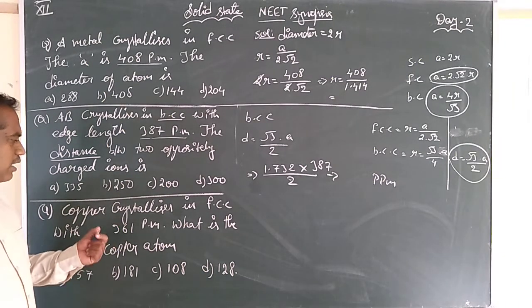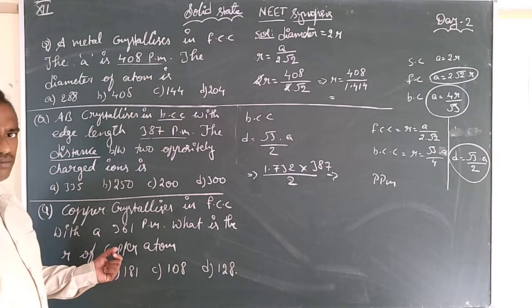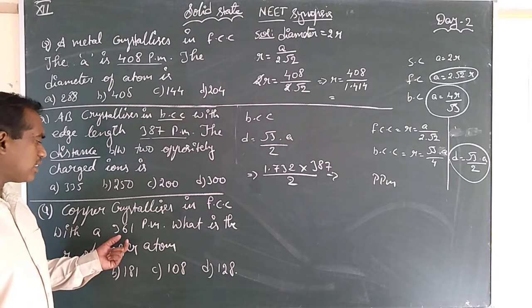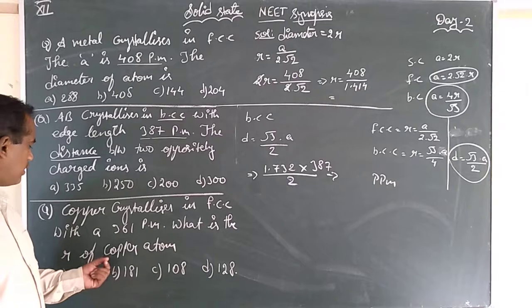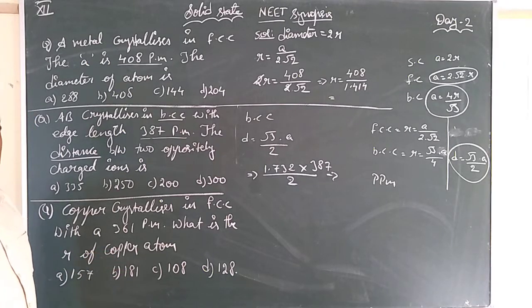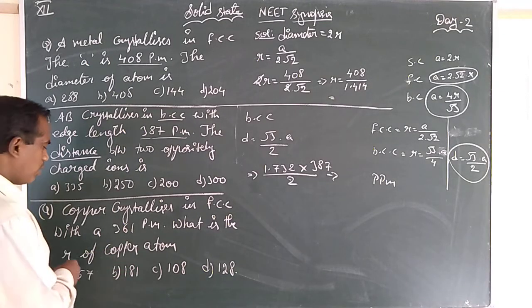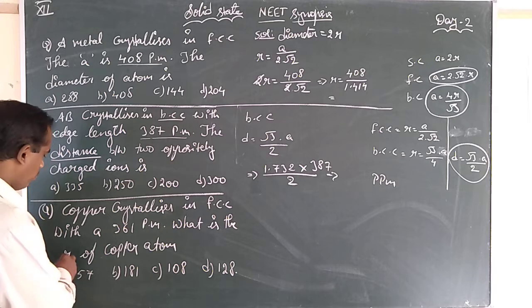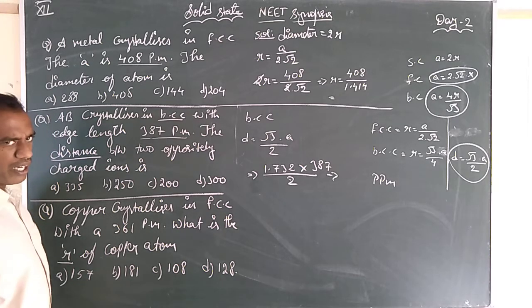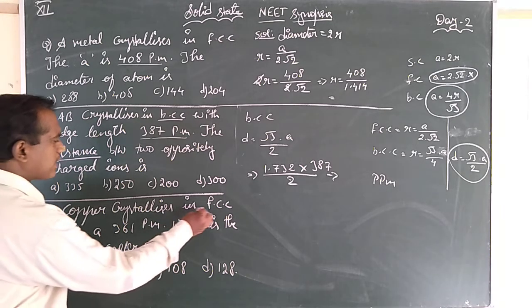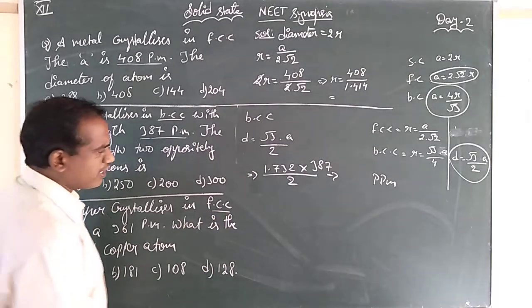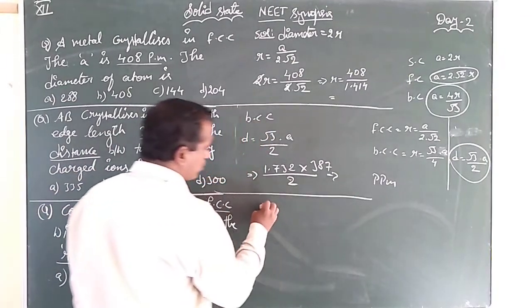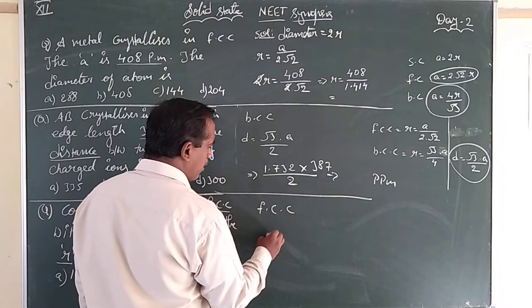Copper crystallizes in FCC with 361 picometers. What is the radius of the copper atom? So here, we need to find the radius R of the copper atom. It is crystallizing in FCC. In the case of FCC, how is the radius given?